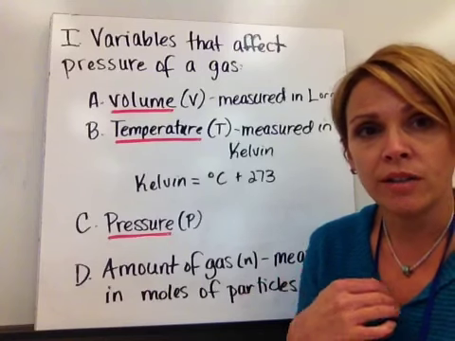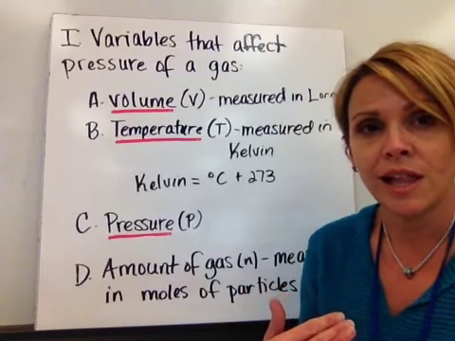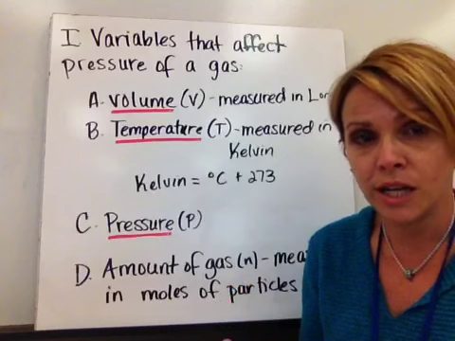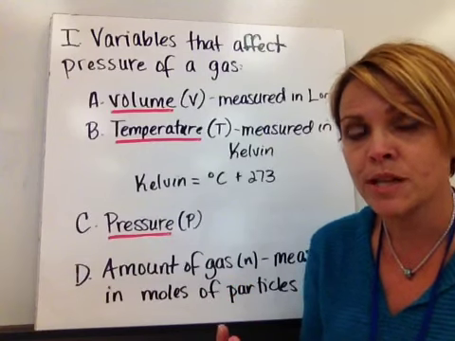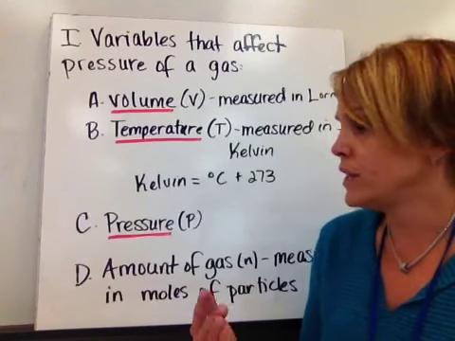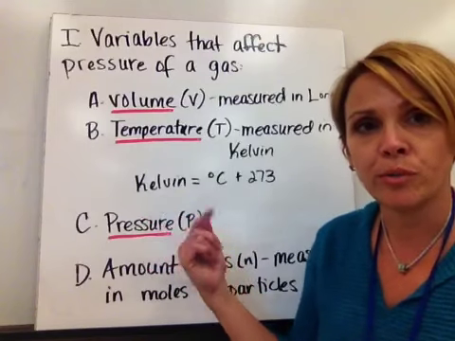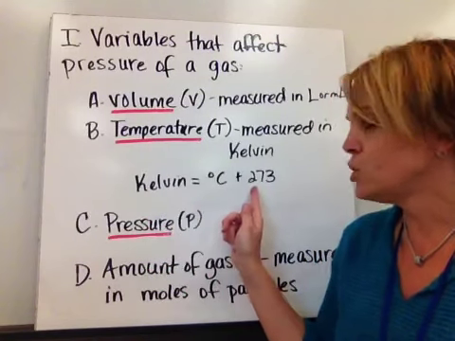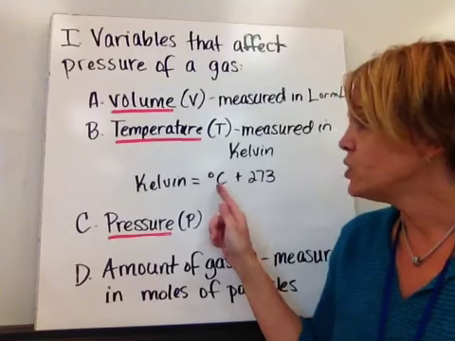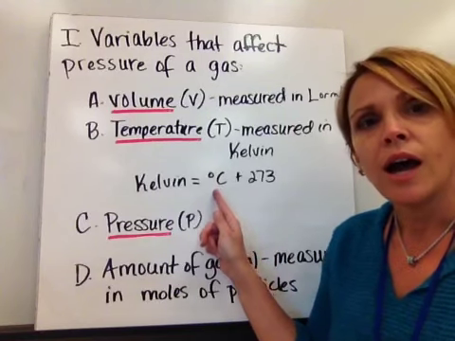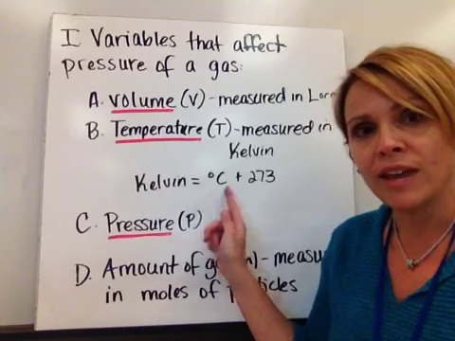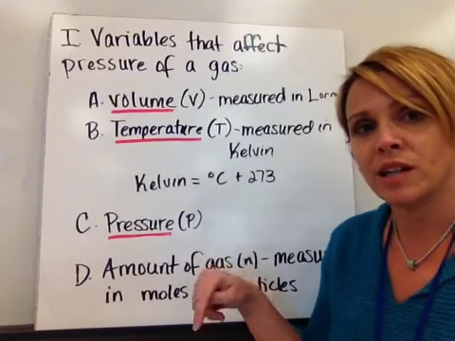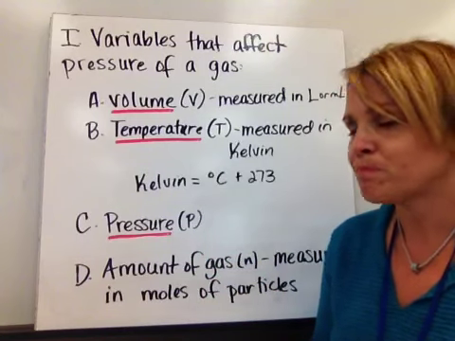And we'll work on those temperature conversions in class before we have to do any sort of pressure problems. But just so you can get this written down, in order to convert from degrees Celsius to Kelvin, you just simply add 273 to your Celsius temperature. I'll explain more about what that actually means when we get to class on Thursday.